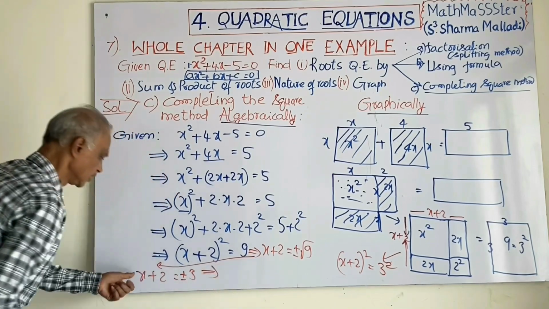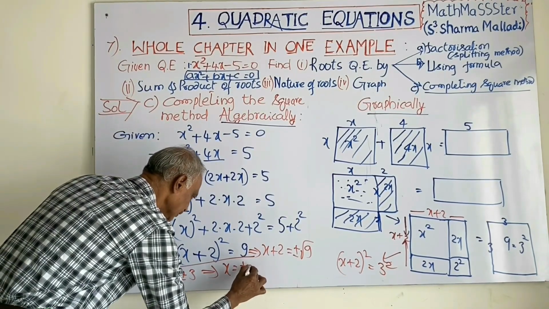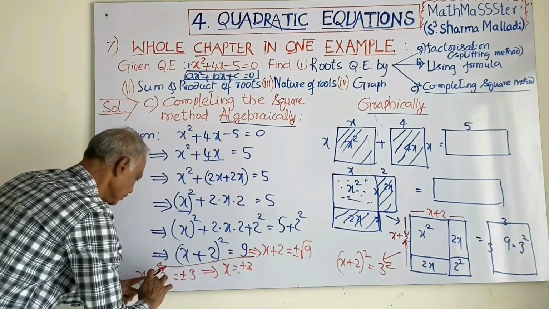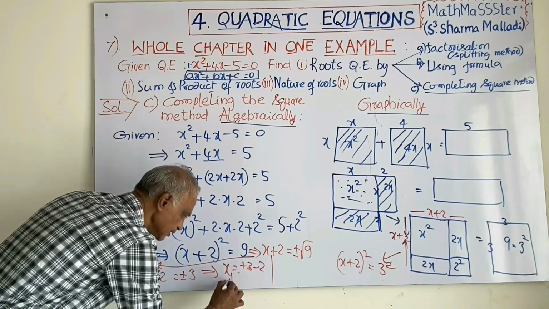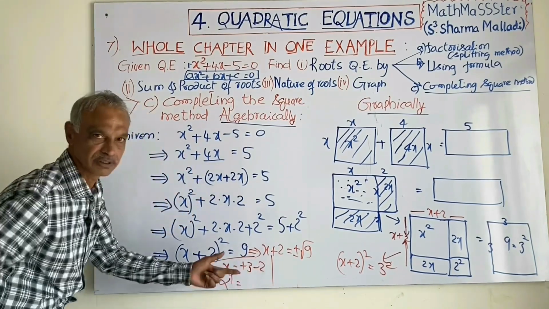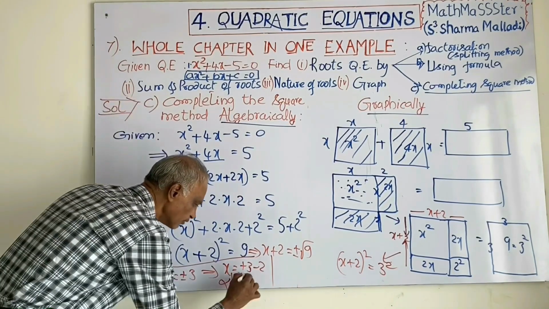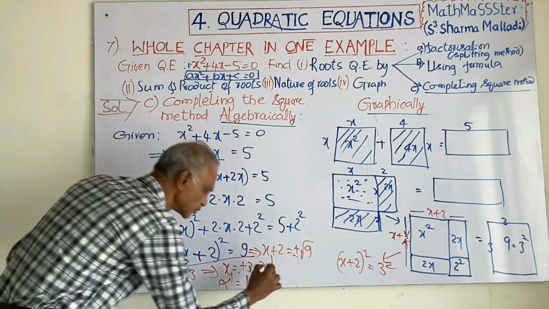You will have x is equal to plus 3 minus 2. That x1 you got, that is alpha, is equal to 3 minus 2. What is the value? You will get 3 minus 2, which means alpha is equal to 1. Next, another value, x plus 2.